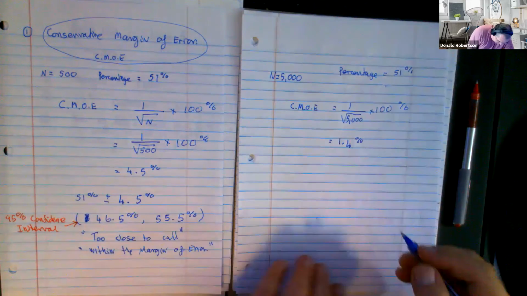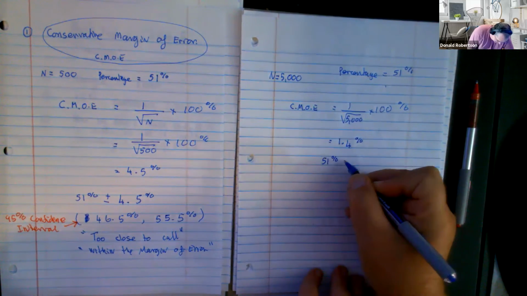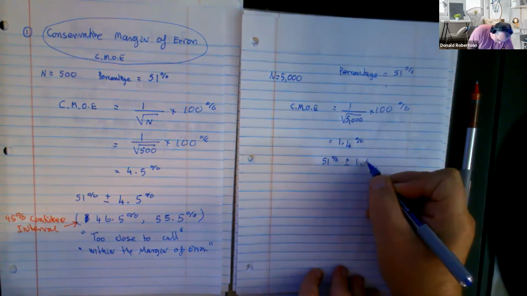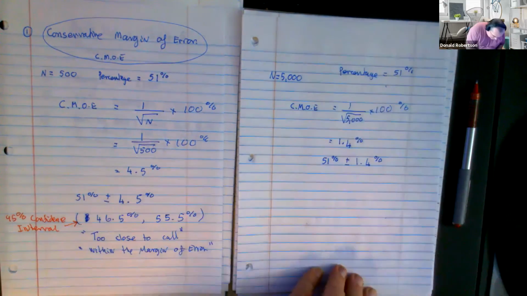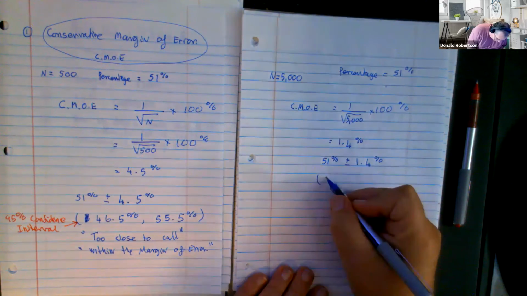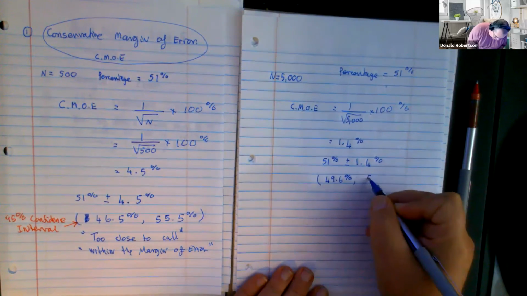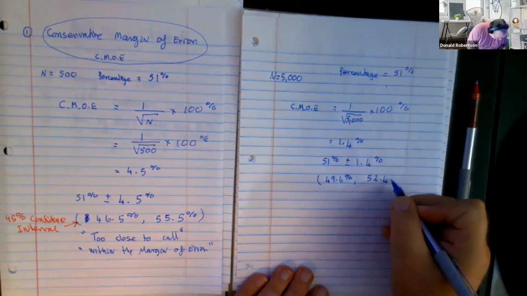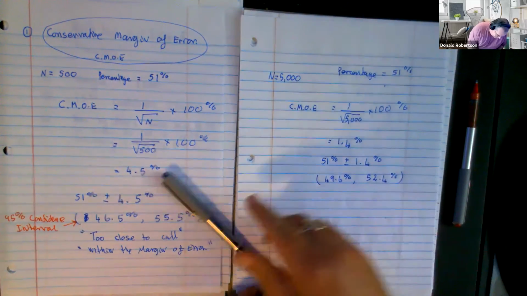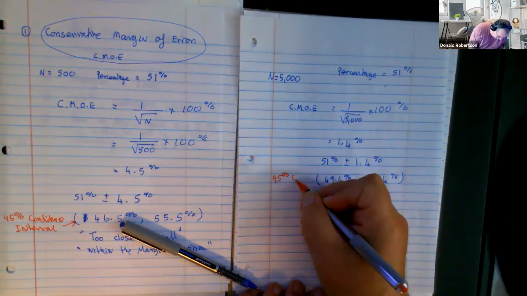And that tells me that it's 51%, give or take 1.4%. And now we are looking at 49.6% or 52.4%. And that's my 95% confidence interval.